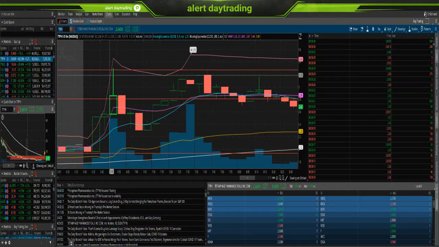I have a plan, I know what it is, and anything I do that doesn't fall into that plan, then you shouldn't even be taking a trade. So I think maybe what I'm going to do is create a checklist right now, which is usually a mental checklist. I keep it in my head, but I think what I need to do is actually have it right in front of me.